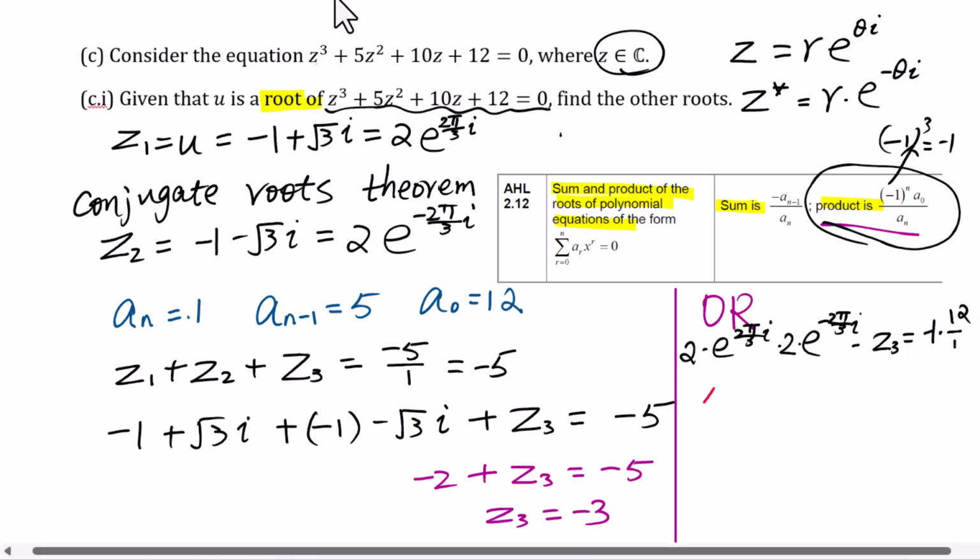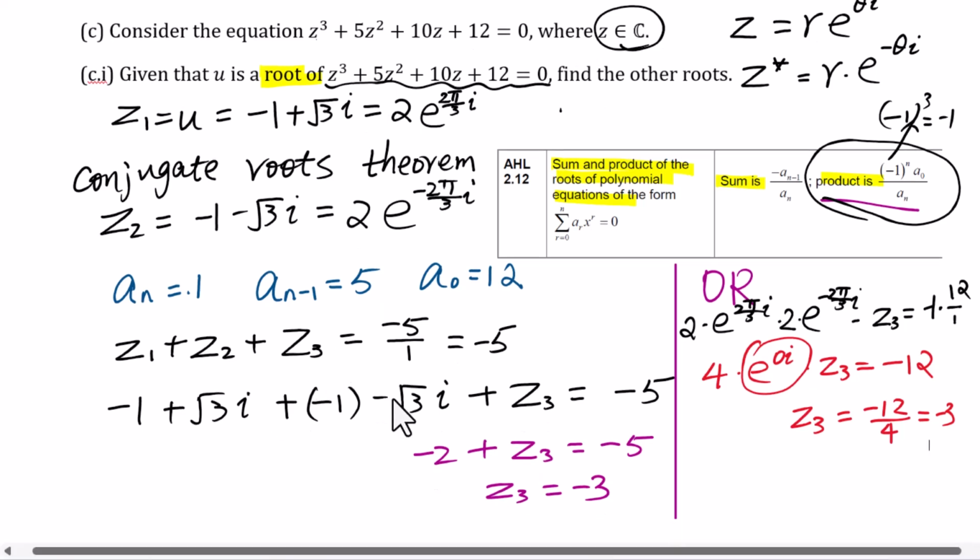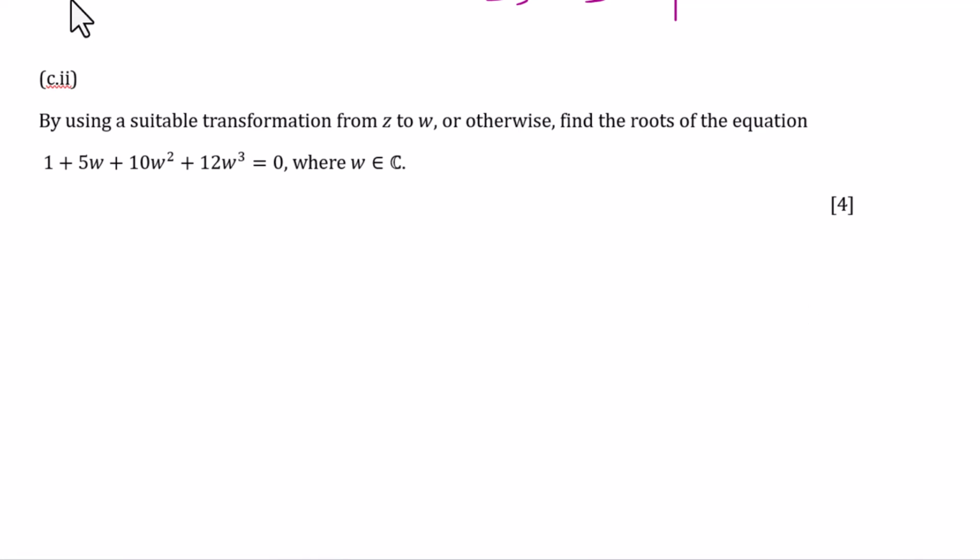So we get 4 times e to the power of 0 i times z3 equals -12. This is 1. So z3 equals -12 over 4 equals -3. You can use either one to figure out this z3. Let's go to C2.